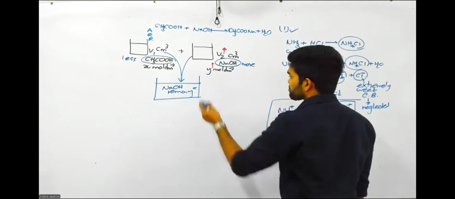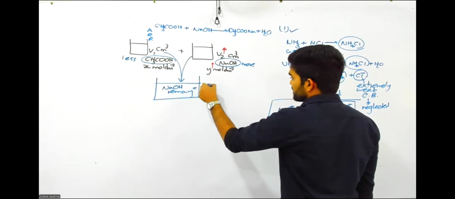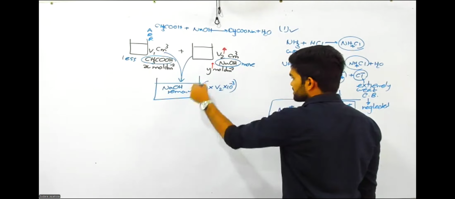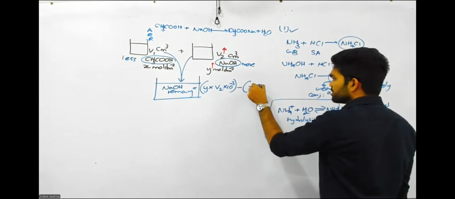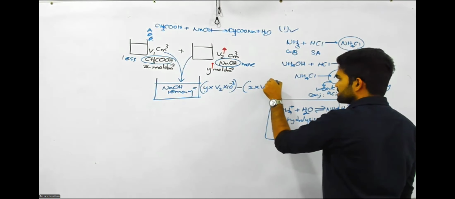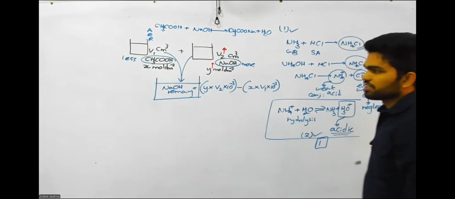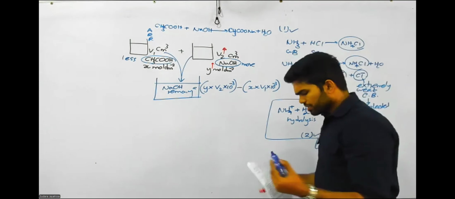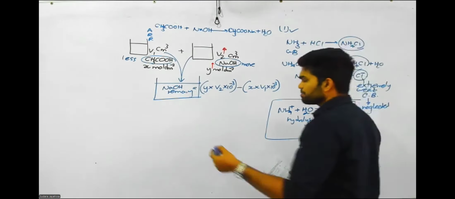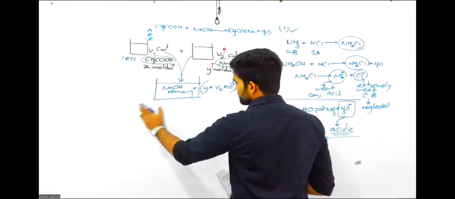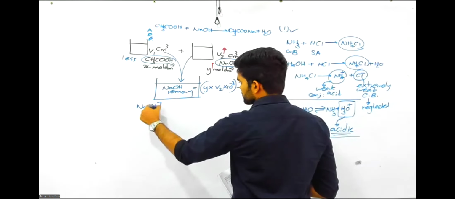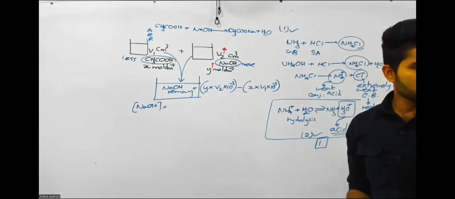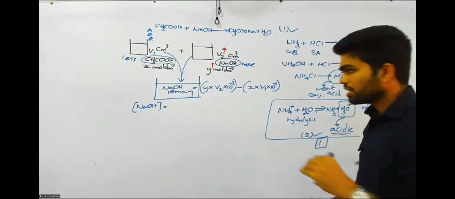So y into V2 into 10 to the power minus 3, subtract x into V1 into 10 to the power minus 3. This is the remaining moles of sodium hydroxide. But they are asking the pH. To decide pH, we need the remaining sodium hydroxide concentration. To find that, we need the mole difference to be divided by the volume.